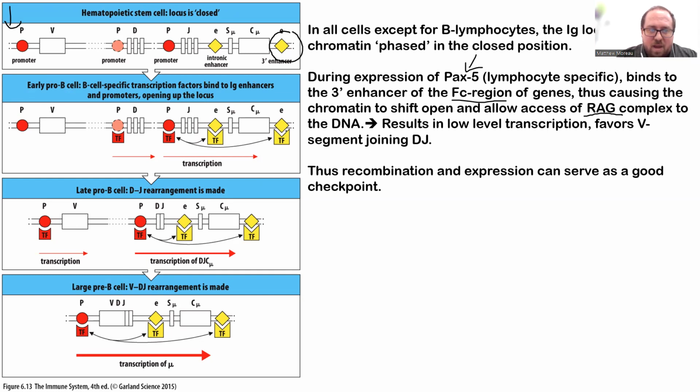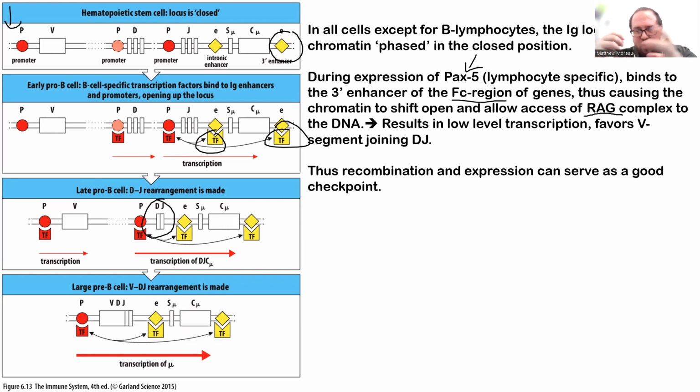So you get, again, binding of the enhancer by transcription factors in the 3' end. This opens up the sequence to allow DJ to recombine. And when the DJ recombine, this allows a cascade that is polar, right?